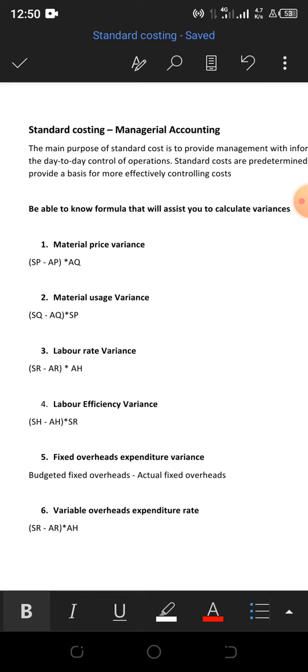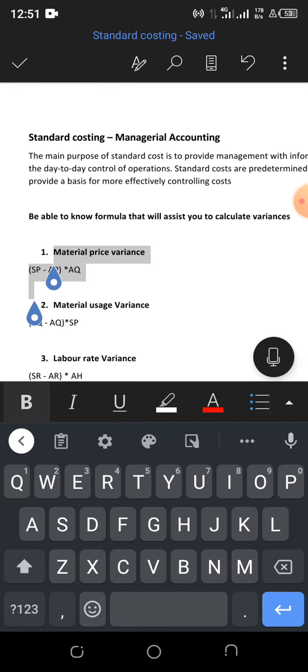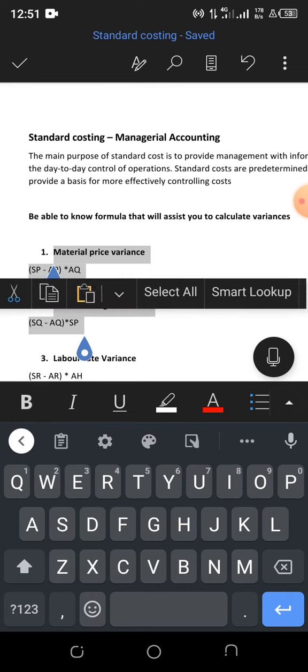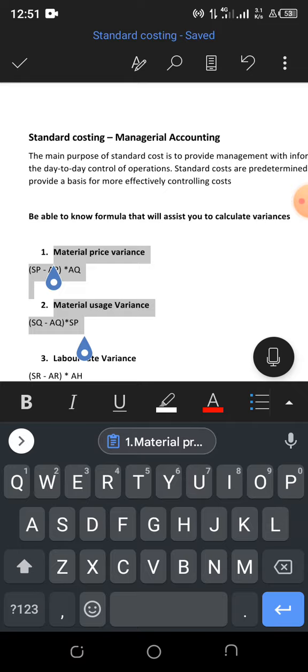So formula number 1, we focus on material price variance. This is all material that has been purchased. But number 2, material usage, is we only focus on what we have used. So that's the only formula that we are going to use under first required. Okay, let me just copy so that it won't waste time.